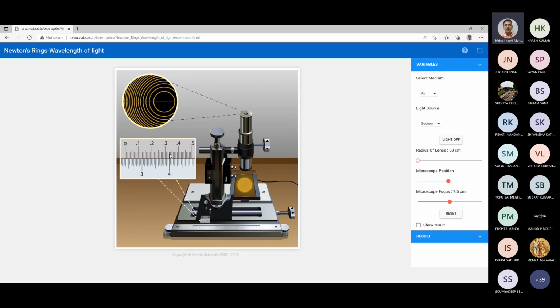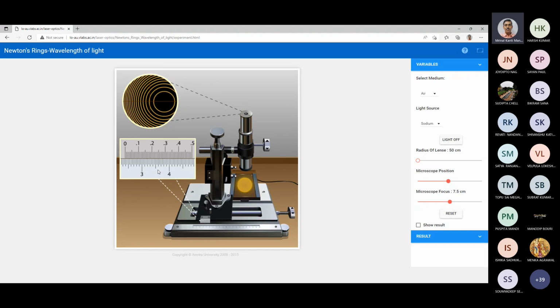So now what is the vernier constant? That you need to calculate. One division on the main scale is 0.5 millimeter, in a millimeter scale.